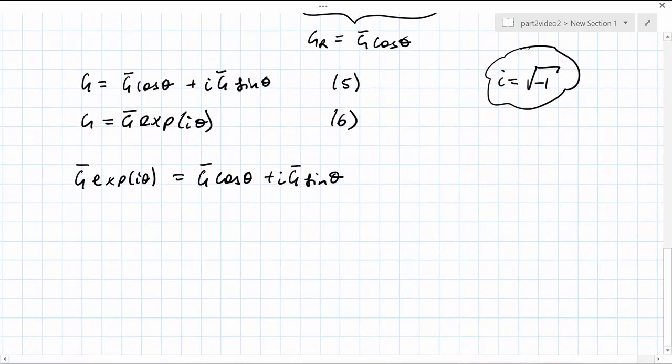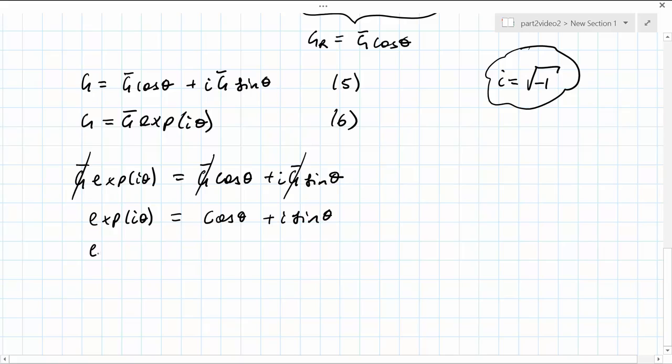If we then cancel out the g bars, then it's possible to say that the exponential function i theta is simply equal to cosine theta plus i sine theta.